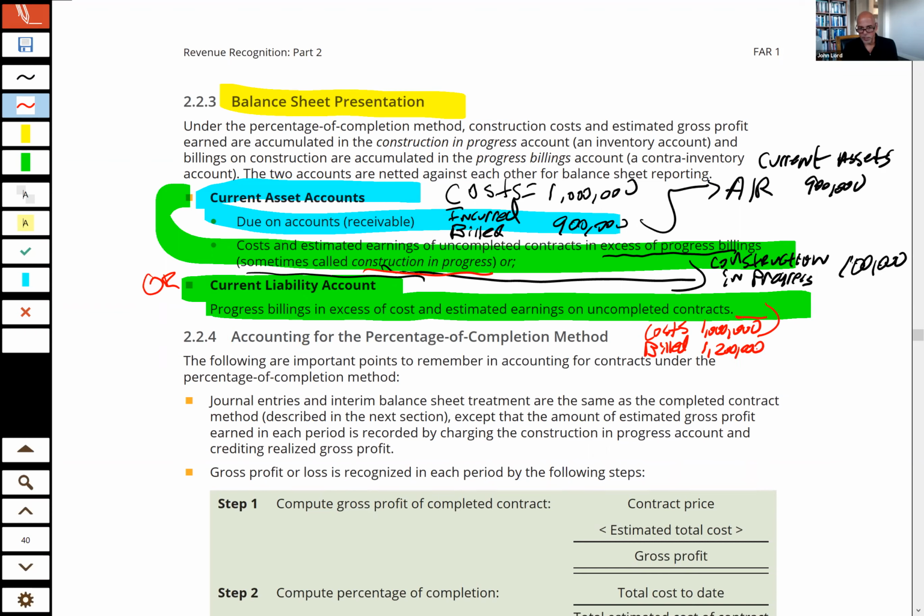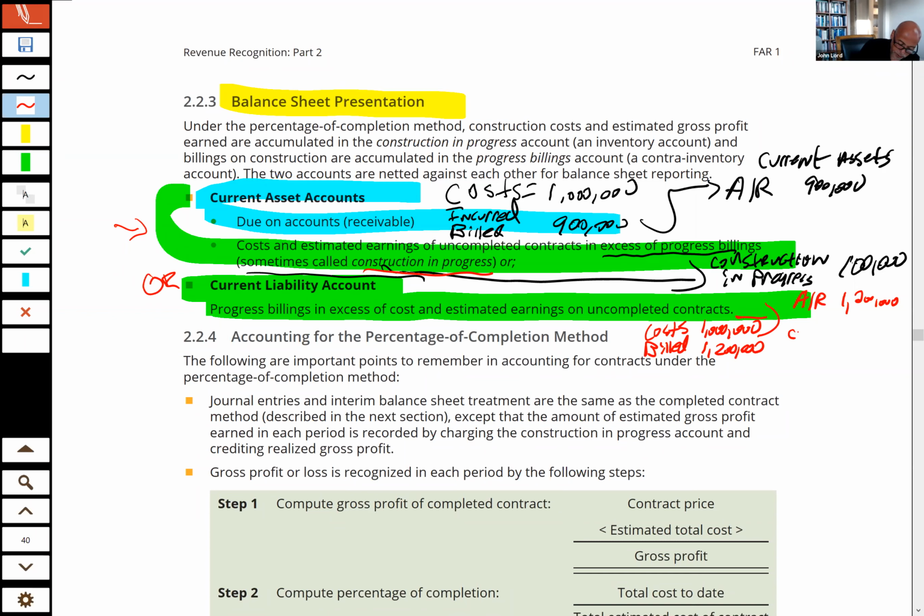So now, and again, I said it's a very descriptive account, we've billed more than our costs, haven't we? Guys, this is why I give you this example, because the way they presented this, it looks like you only have the accounts receivable under the current asset scenario, but no, since we've billed, we'll have accounts receivable of 1,200,000. That'll still be a current asset.